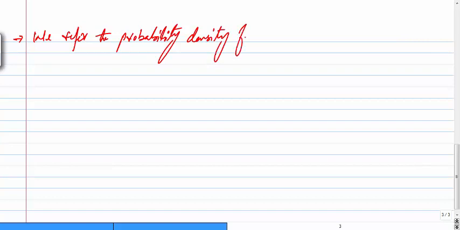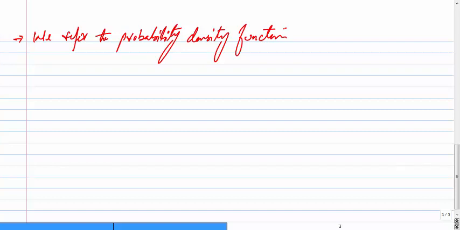We refer to the probability density function. In the discrete case we define the probability mass function.